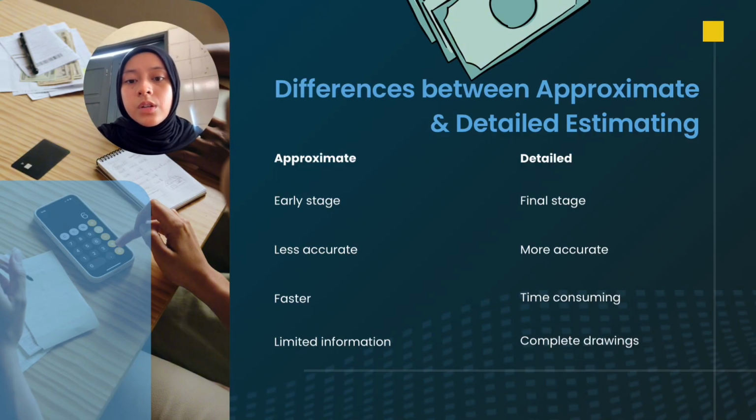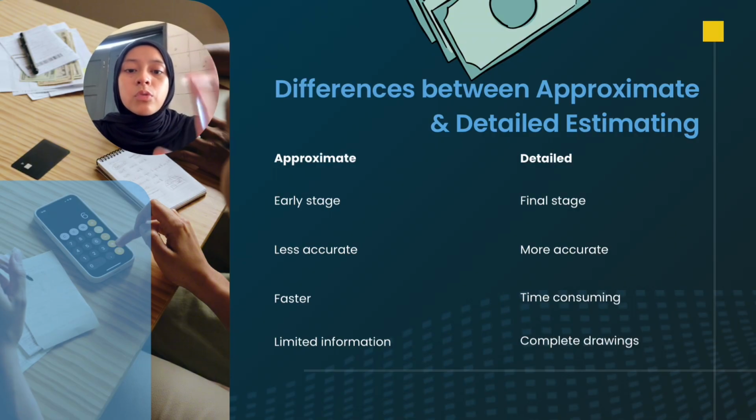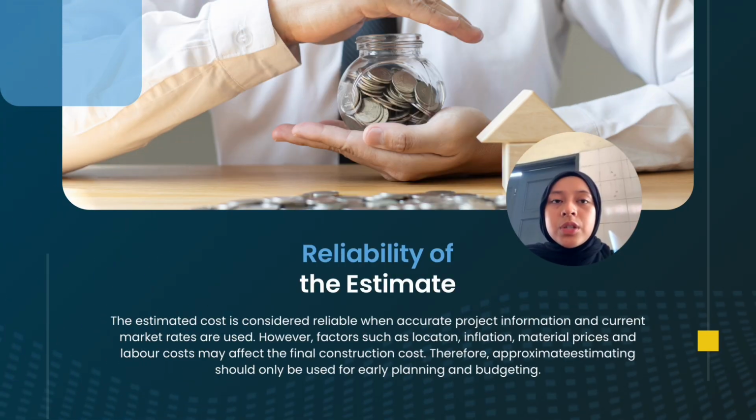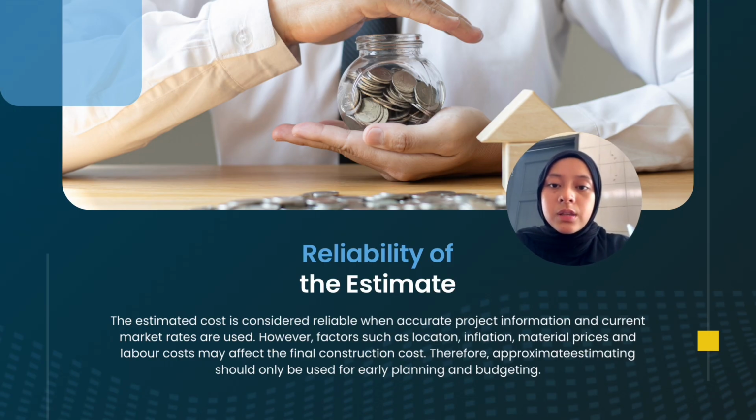So, while an approximate estimate is useful for early planning and budgeting, a detailed estimate is more suitable for tendering, cost control, and determining the final construction cost because it is more accurate and more reliable than approximate estimating.